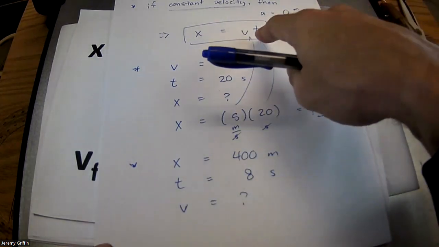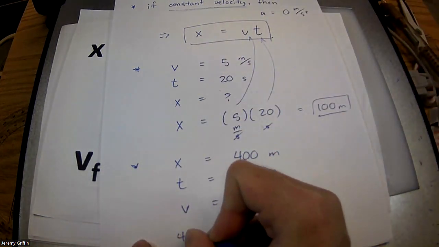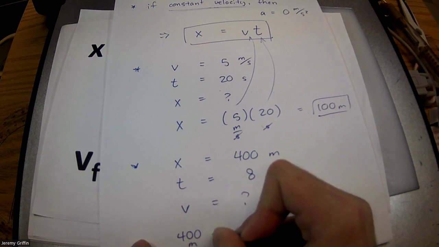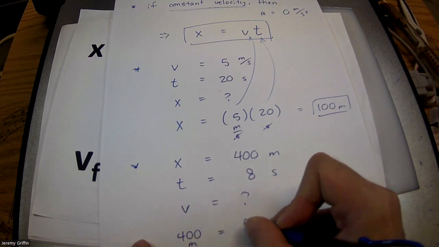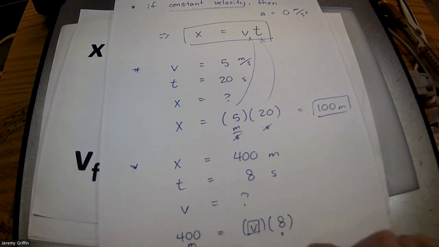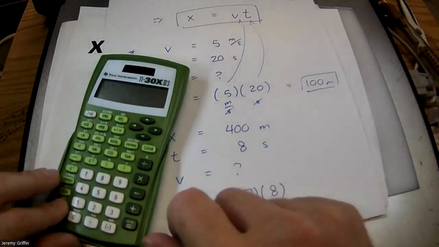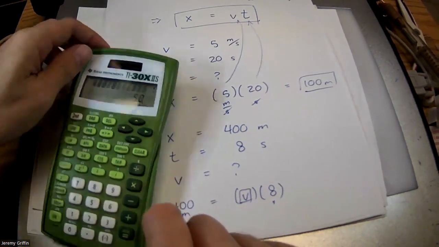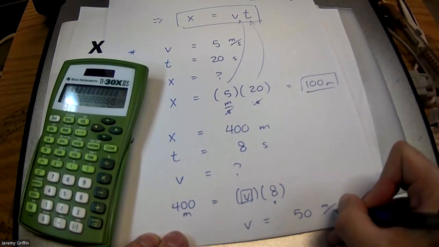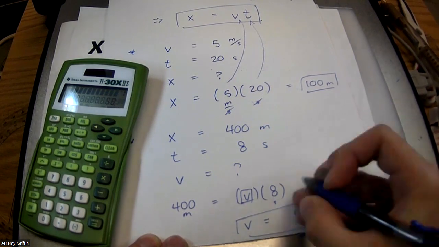So x would be 400 meters. Actually, this is not even a realistic scenario. 400 meters at some speed we're solving for, 8 seconds. You could just divide both sides by 8 seconds. It would be 50 meters per second. 400 divided by 8, yeah, that's 50. So v equals 50 meters per second. Meters per second, the unit. That's a very tiny s right here.